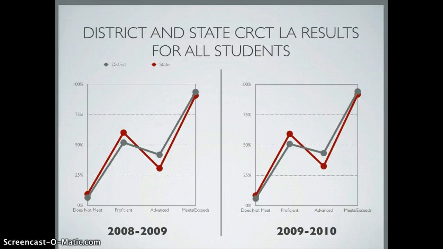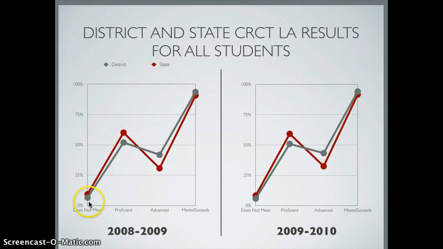So here we have district and state CRCT language arts results for all of our students again. And if you look here, this is 2008, 2009, and this is the following year, 2009, 2010. We have the same expectations here at the bottom: does not meet, proficient, advanced, meets and exceeds.